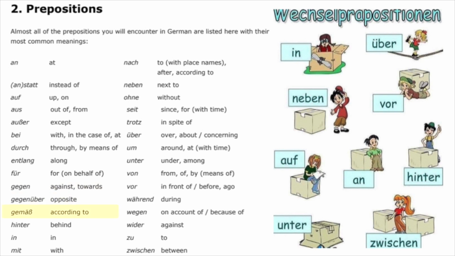is according to, hinter is behind, in is in, mit is with, nach is to if you use with the place name, or after or according to depending on context.